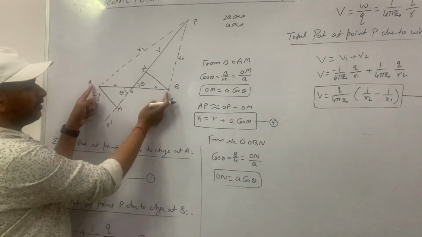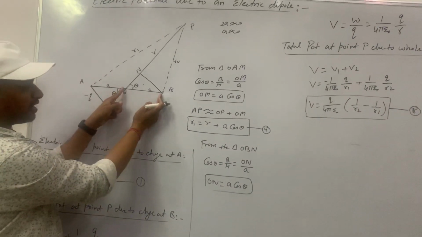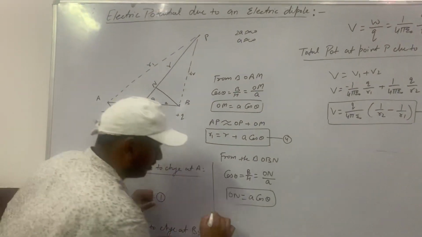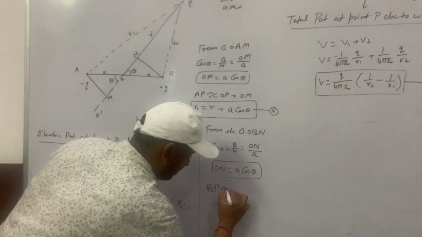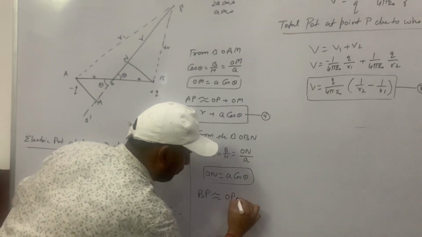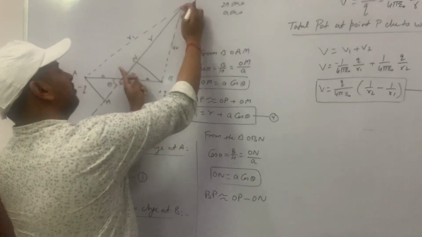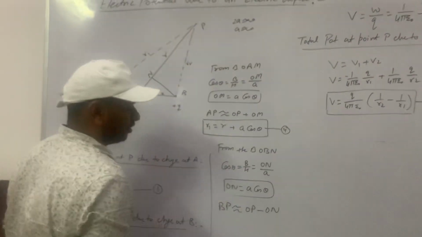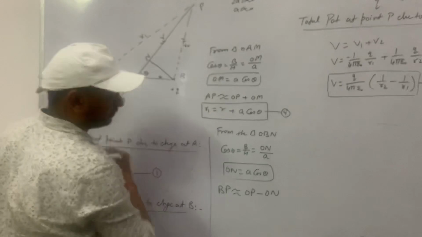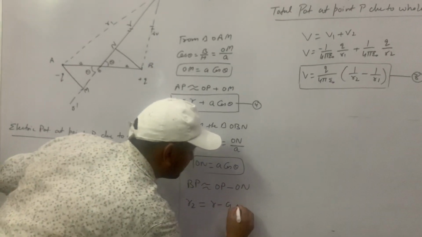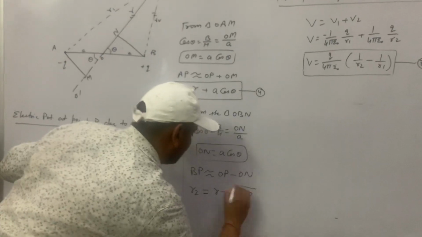Again, since the dipole is ideal, BP is nearly equal to PN, which is OP minus ON. We obtain BP, which is r2, equal to r minus A cos theta.